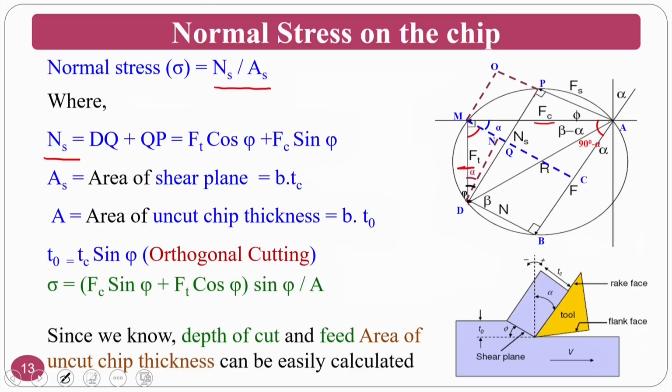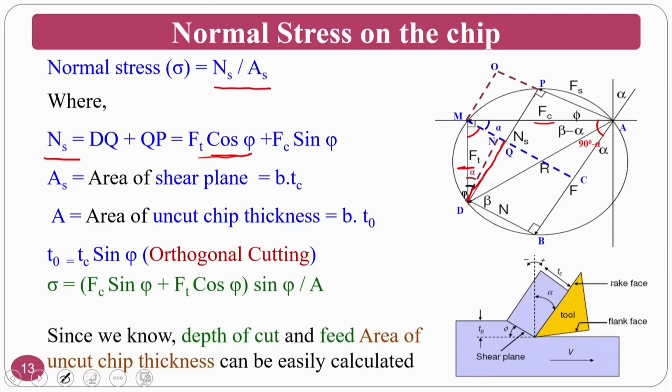So now I say DQ is equal to, this is DQ and I know this is phi. This is the adjacent side to this triangle DMQ, so that it can become cos phi. So Ft cos phi.